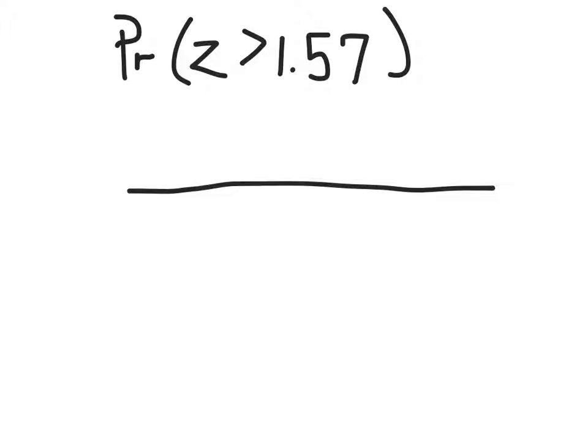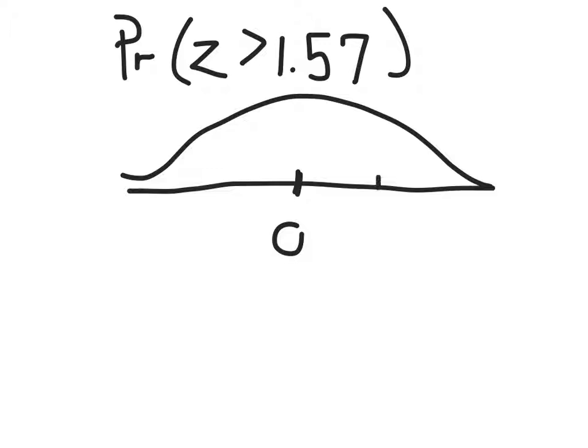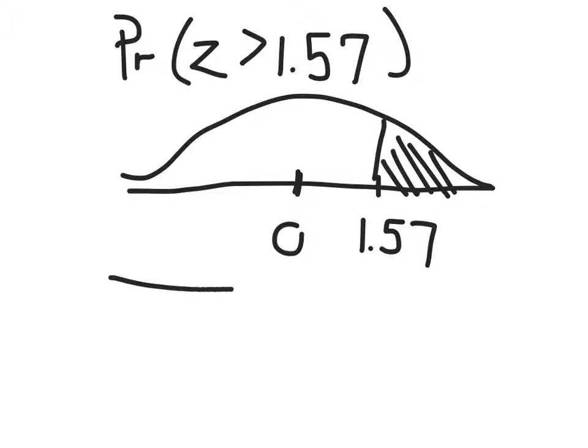So let's draw our picture. Here's 0. Here's 1.57. Now this is the question that I'm really posing. Greater than 1.57. But isn't it true I just told you that the table works from the left and moves to the right? Well, what am I going to do? Well, I think about the fact that the whole thing is equal to 1. Right? If I integrate across the whole thing, it equals 1.